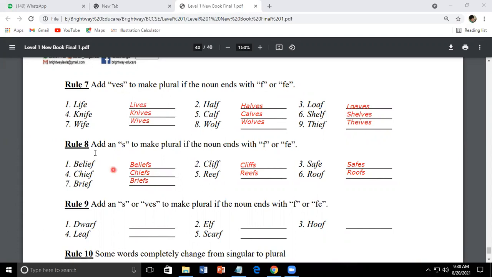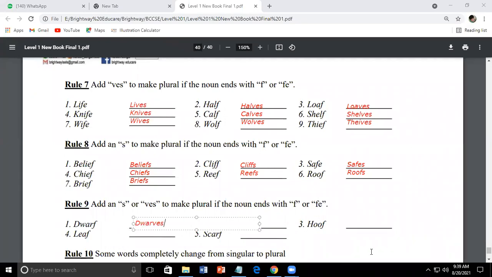And in rule number 8, you notice that the word is ending with F and FE, but you add S. How do I know? You need to remember it. Now, rule number 9, here you will have to see again that the word, if it is ending with F or FE, but in both the situations, you can add either S or VES. Both are correct.